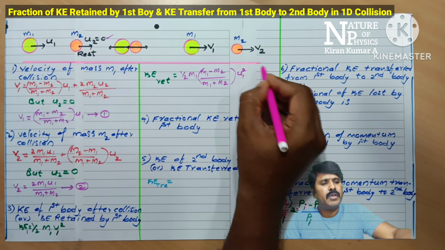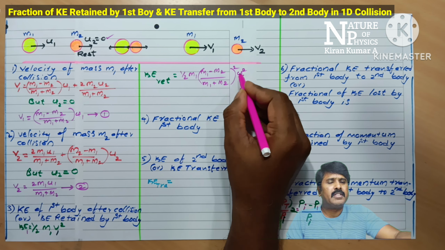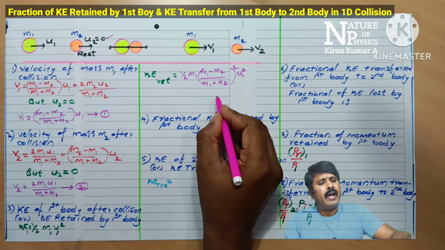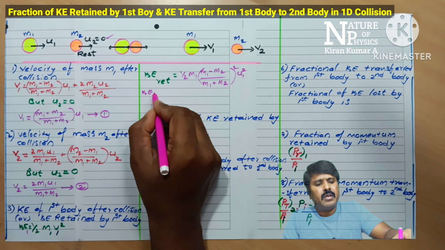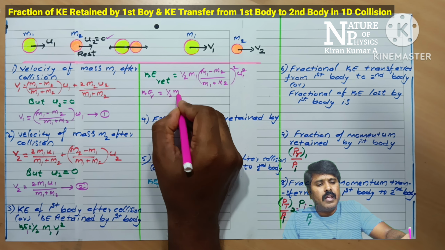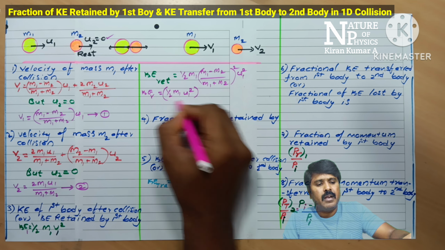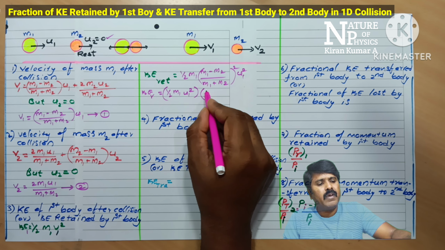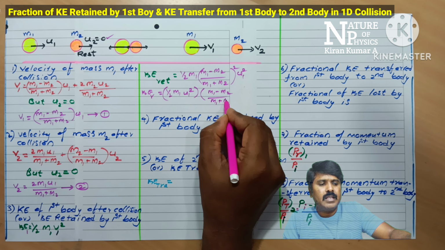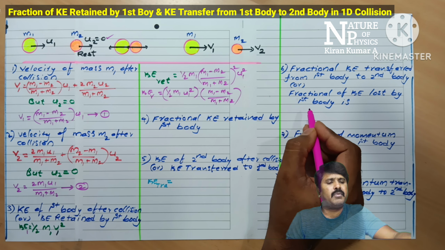That's why u1 square, and this is (m1 minus m2) by (m1 plus m2) whole square. Continuing, the kinetic energy retained R is equal to 1 by 2 of m1, u1 square written separately, and the remaining value is (m1 minus m2) by (m1 plus m2) whole square. See there, just rearranging the equation.